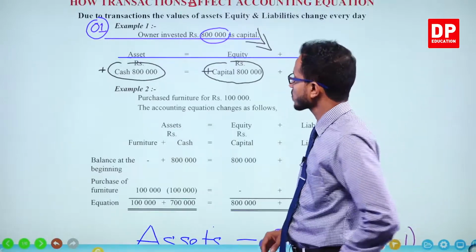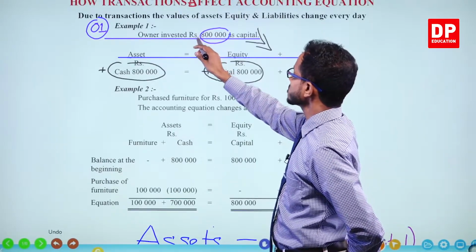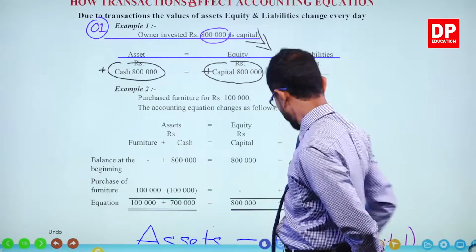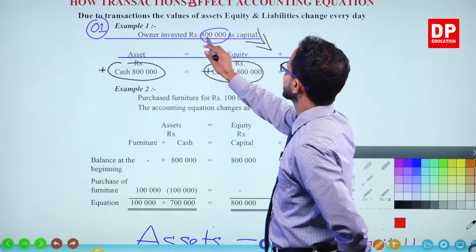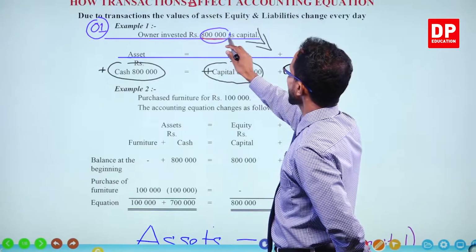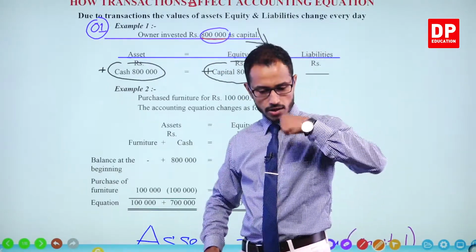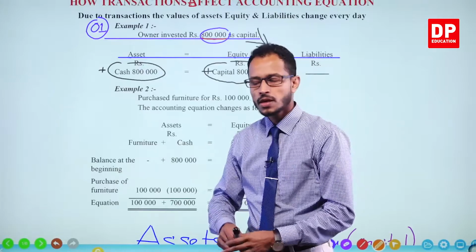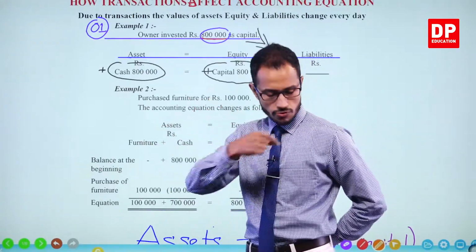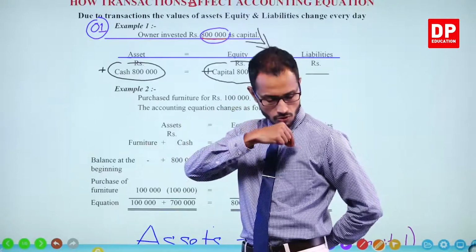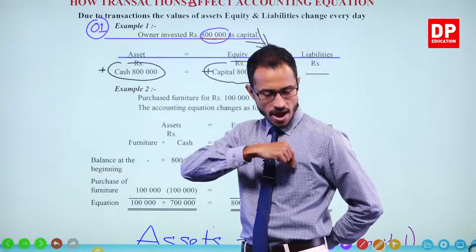Children, these 800,000 which came into the business came from my pocket, because I invested 800,000 from my personal savings or from my bank account or from my pocket.